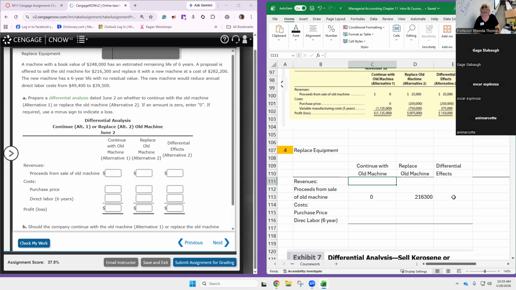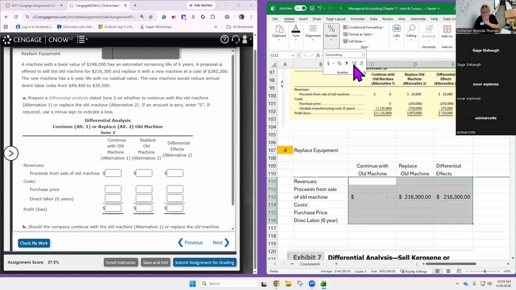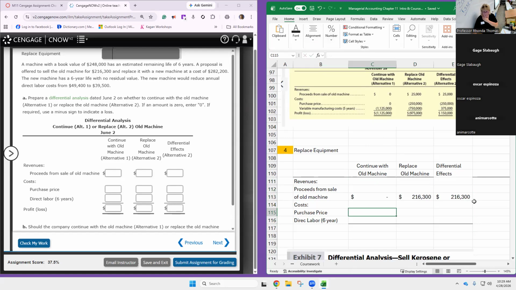All right, so now let's do the replace minus the continue. So that is 216,300, not a stretch. Let me make these all dollars now. Now let's go to cost.